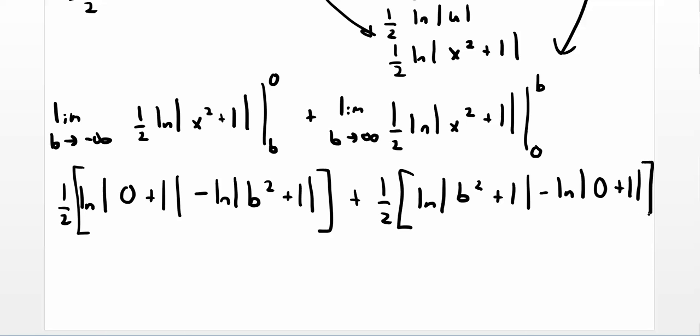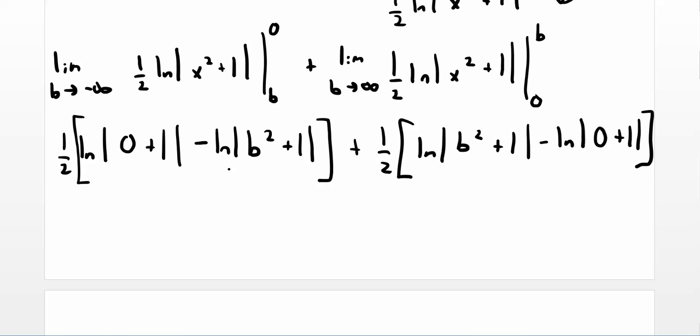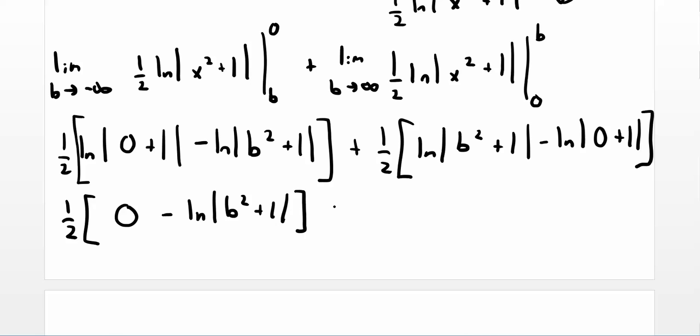Let's simplify this a bit. 1/2, natural log of 1, any logarithm of 1 is 0, minus 1/2 natural log of b squared plus 1, plus 1/2.